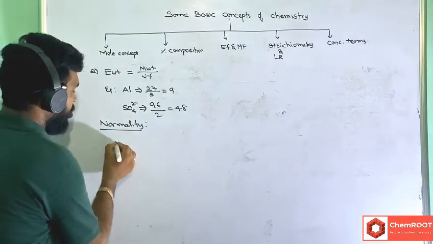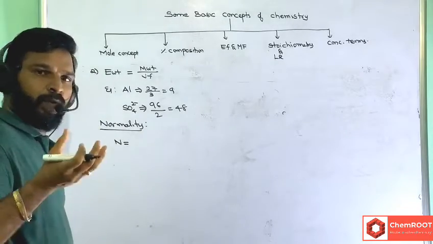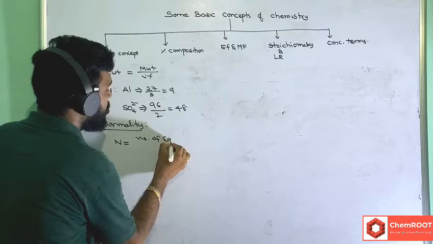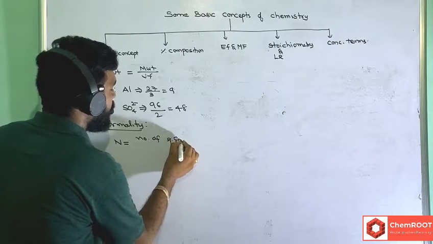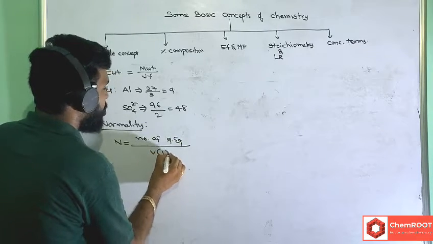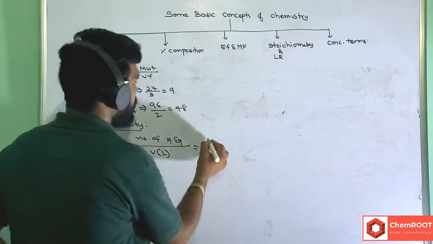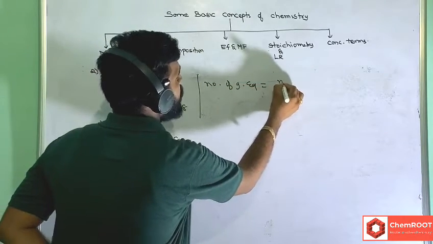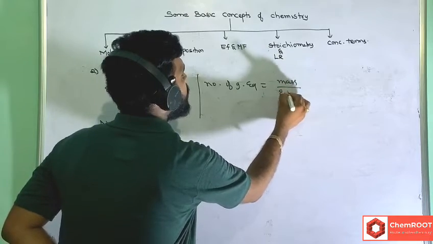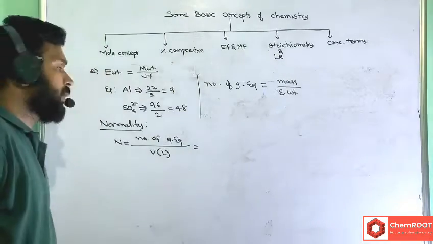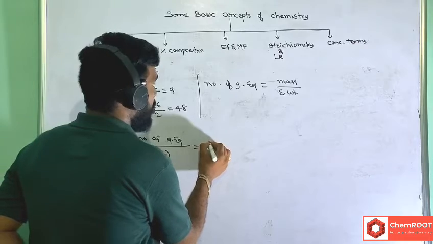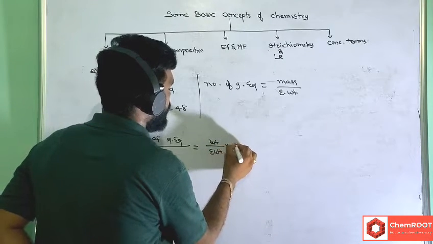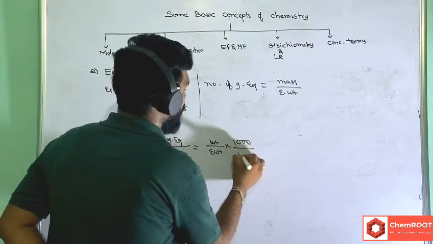So normality has a similar formula to molarity, but here it is the number of gram equivalents by volume in liters. So how can you find the number of gram equivalents? The number of gram equivalents is mass by equivalent weight. So here we can write weight by equivalent weight into 1000 by volume in mL.